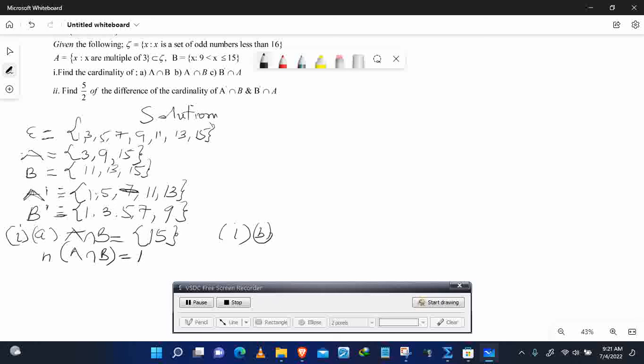So we have A complement, which is this, and then the B complement. So what do we have in common here? 11. Is 11 here? Yes, we have 11 here. So we write that.